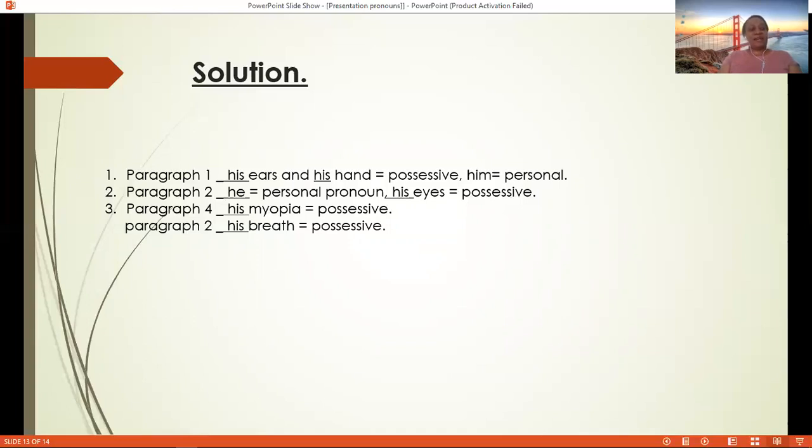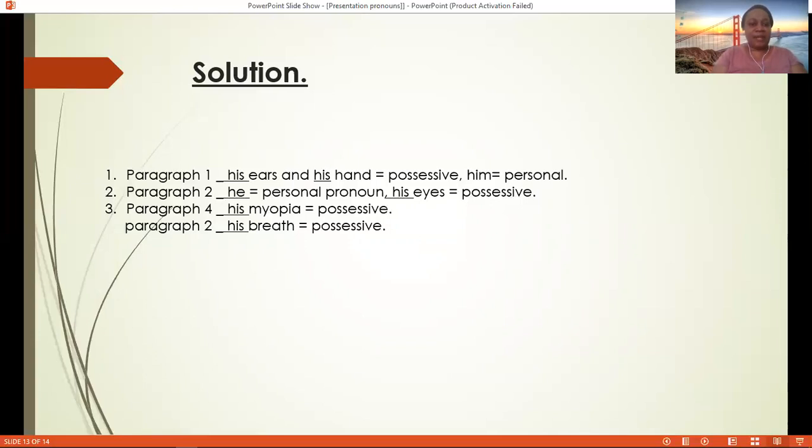Paragraph number 3. Or it's paragraph 4, sorry. His myopia. His, we have seen already, is a possessive pronoun.